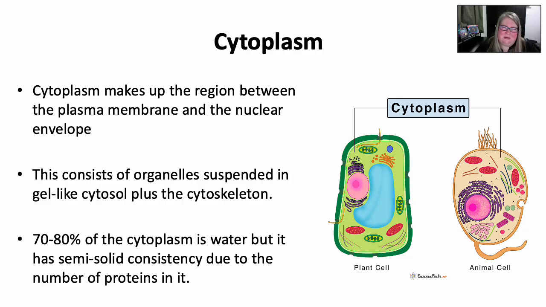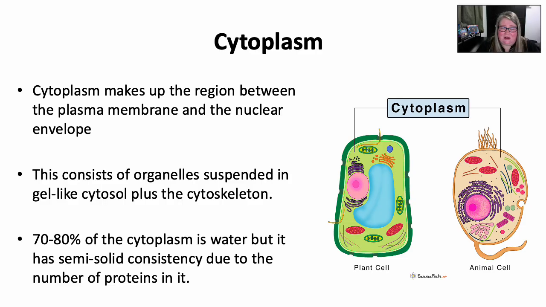Now, our cytoplasm is made up of something called cytosol, and about 70 to 80% of it is water. Besides that, now, there's a lot of things dissolved in our cytoplasm. We're going to have things like glucose and proteins and ions like calcium 2 plus and sodium 1 plus and chlorine 1 minus. And we're going to have amino acids. Okay, but what we're also going to have is a lot of proteins, right?